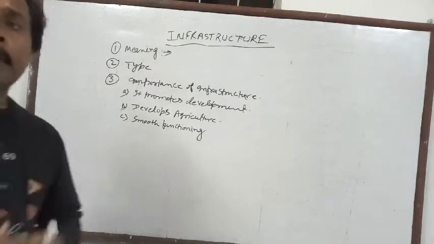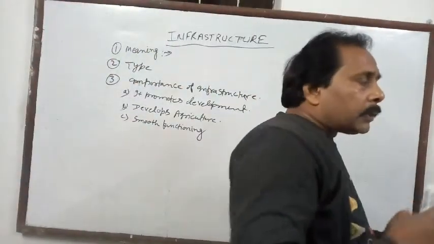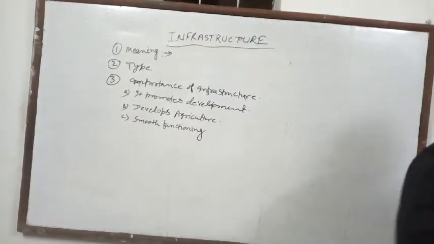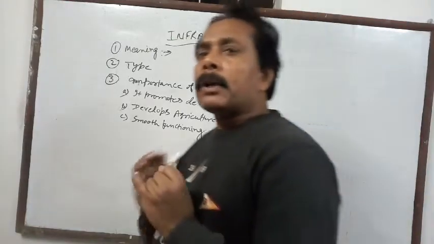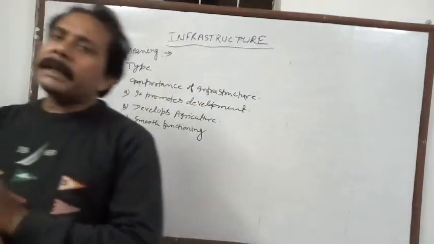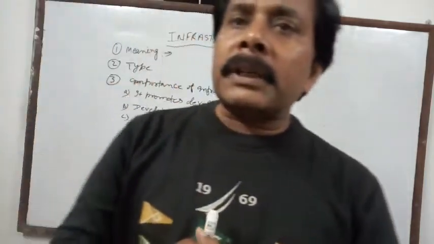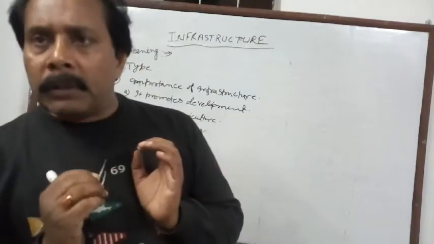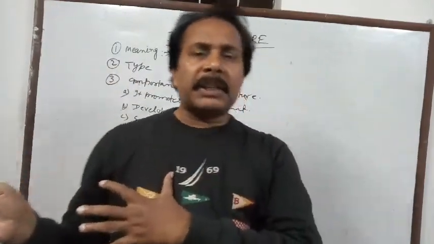Now, infrastructure also increases productivity. Not only does it increase productivity in the primary sector, but also in the secondary sector and the tertiary sector. We have already studied that the primary sector provides raw material to the industrial sector.